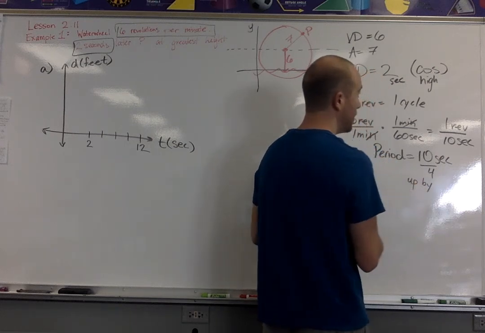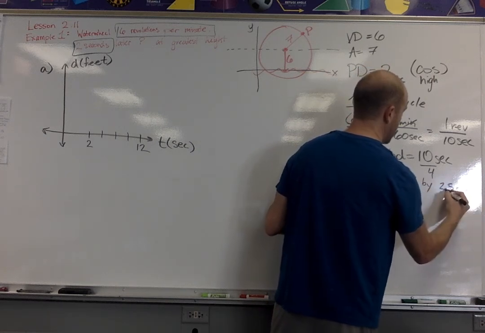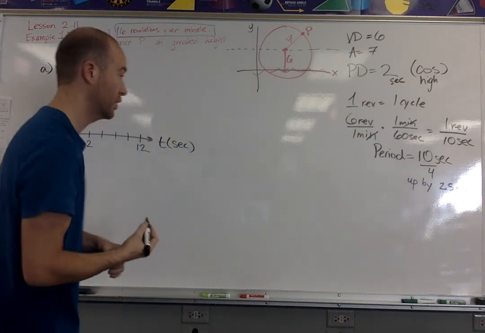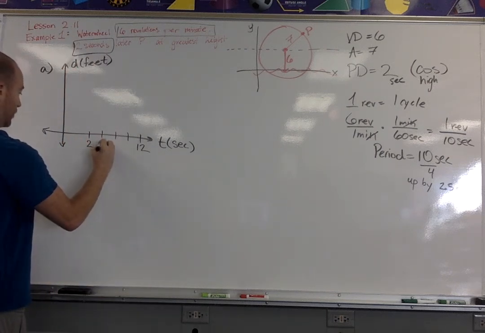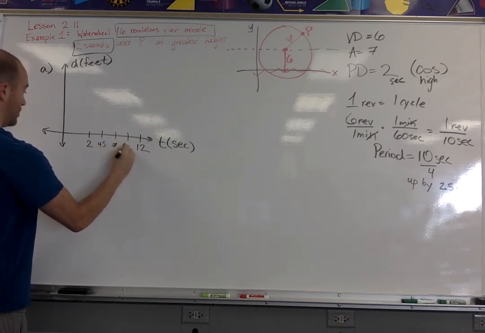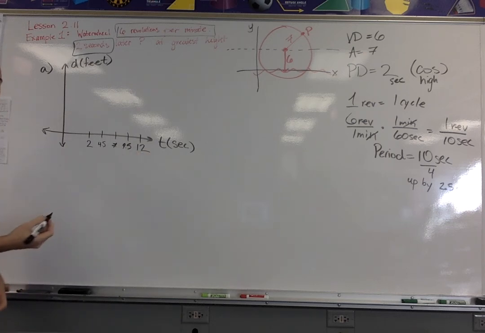So I'm going to go up by 2.5 seconds each x value. If I go up 2.5, this is 4.5, and then 7, and then 9.5, and then we get to that 12. So that's our x-axis.